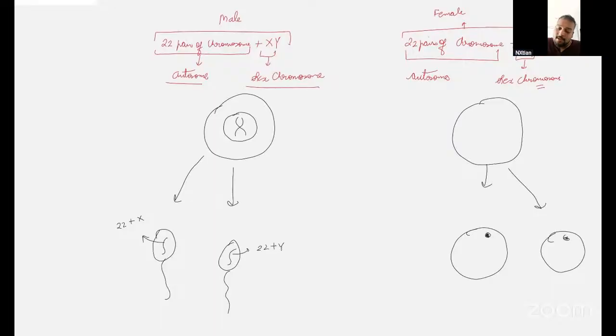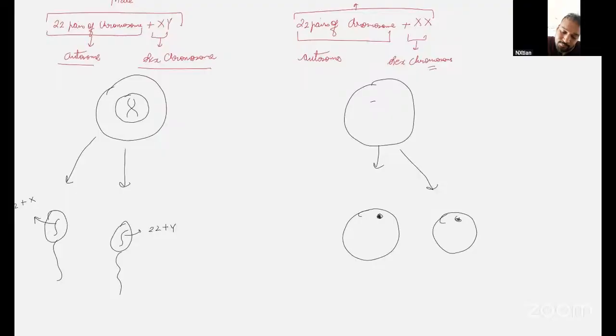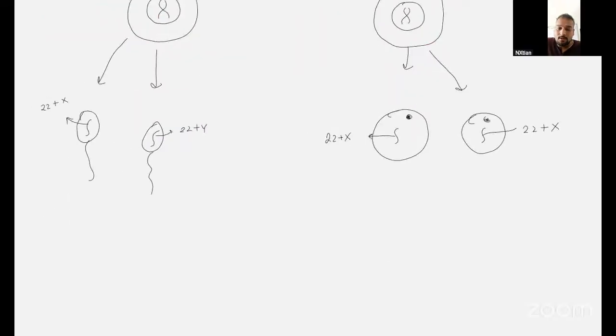Okay. In the same way, the female has 44 plus XX. So in this, one strand will have 22 plus X and this strand will also have 22 plus X. Everyone got it? Understood?